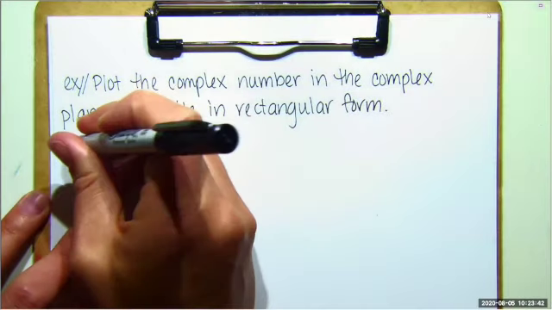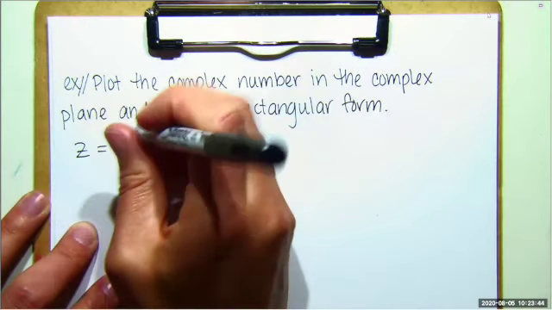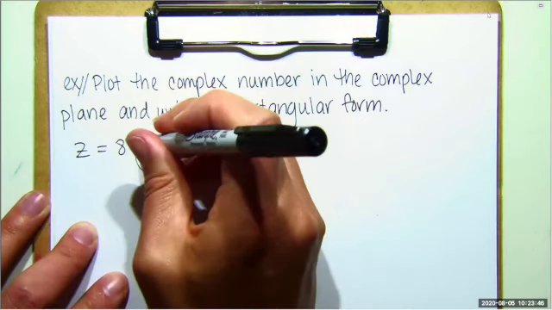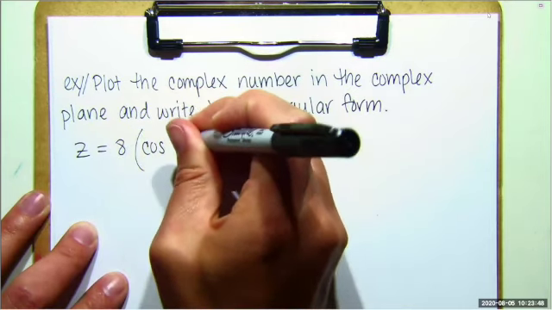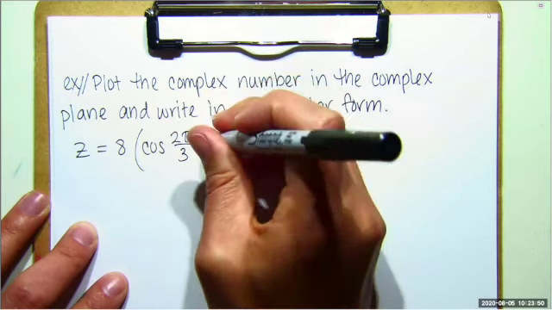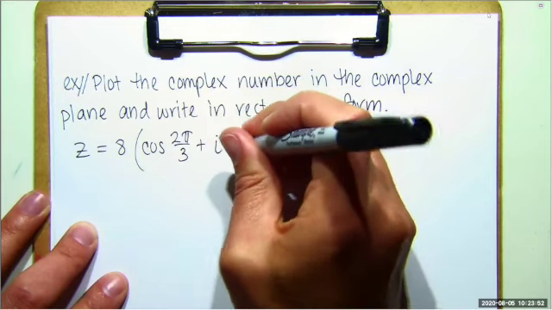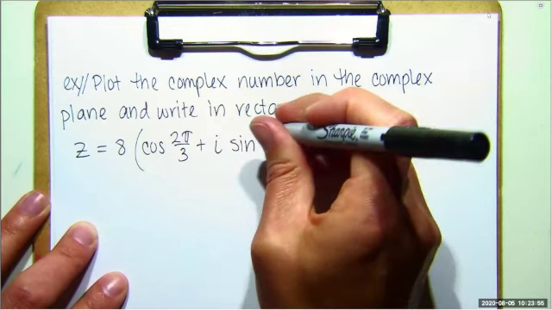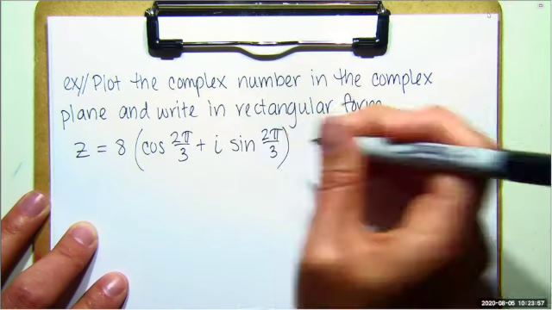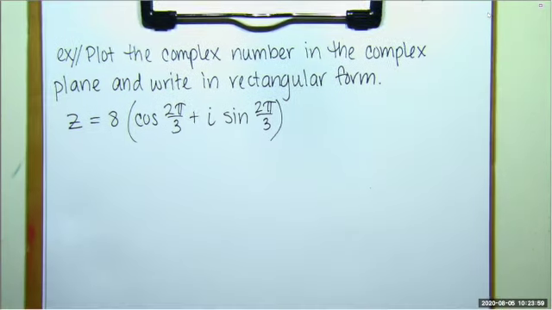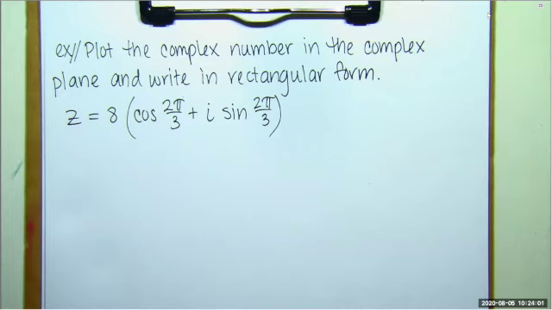Okay, so we have z is equal to 8 times cosine of 2 pi over 3 plus I sine of 2 pi over 3. Okay, so the first question is to plot the complex number in the complex plane.